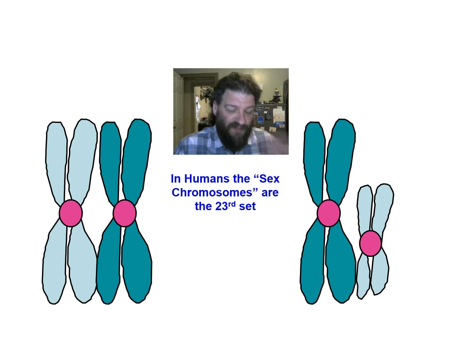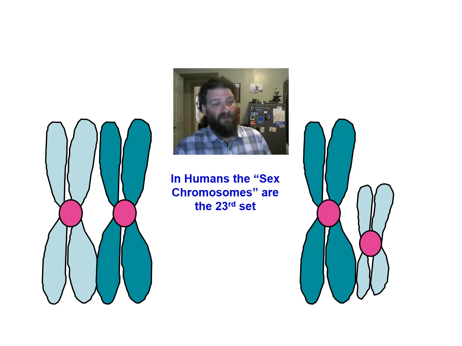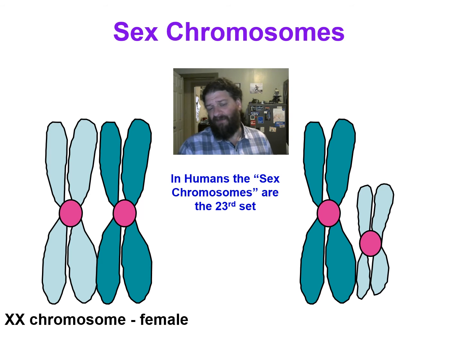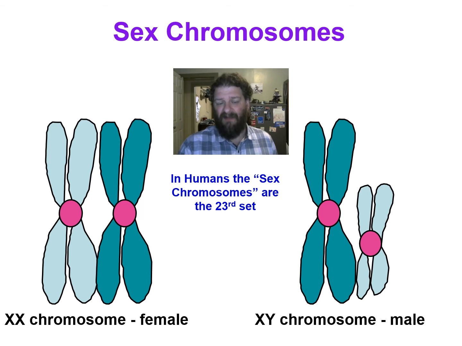Now, most traditionally, again, most often and most generally, if an individual has two of the same chromosome at the last chromosome there, the 23rd pair of chromosomes, what we call the sex chromosomes, that individual will present as a female. If it's XY, which is non-homologous, and I'll explain what that means in a second, then the individual typically presents as a male, typically. There are, again, variations on this theme.